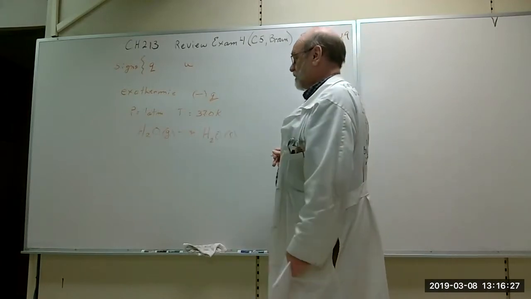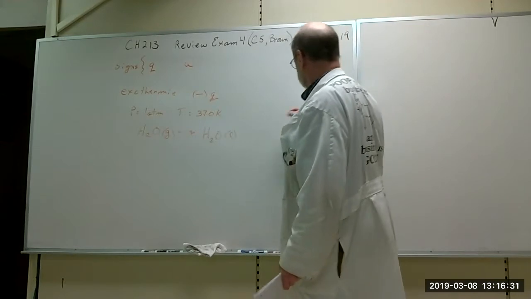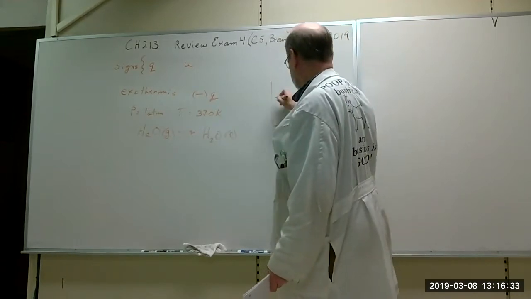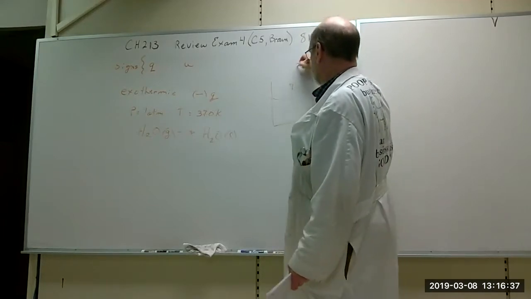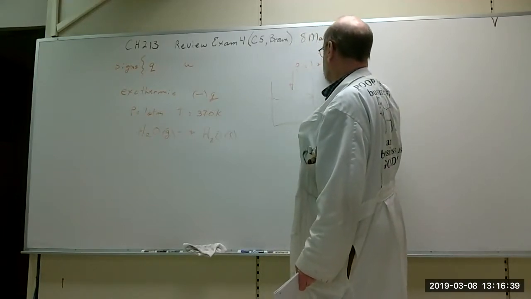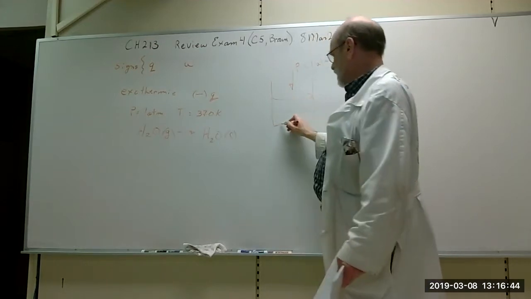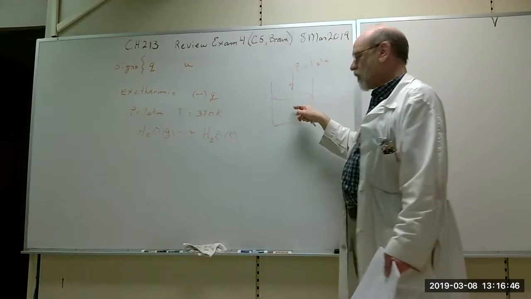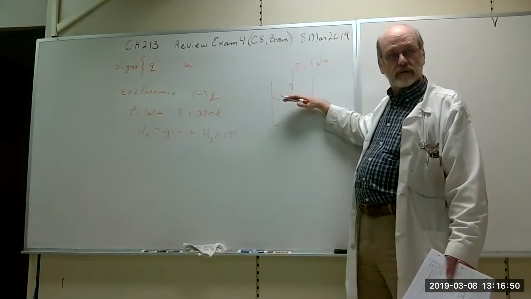So what's happening? Well, if we keep the pressure constant, we have a force here, and P equals 1 atmosphere. Then as the water vapor condenses into a liquid, we're drawing a vacuum here, and the volume is decreasing.